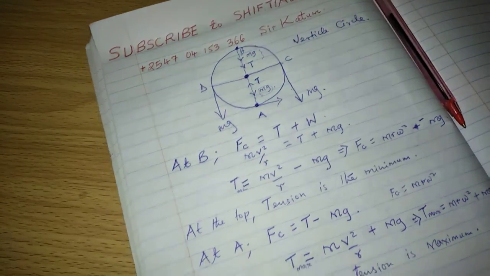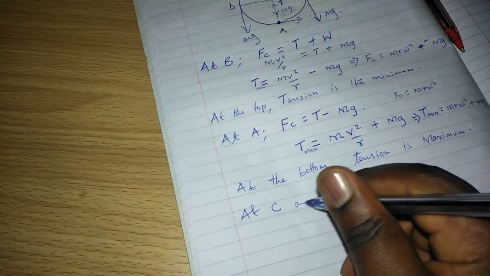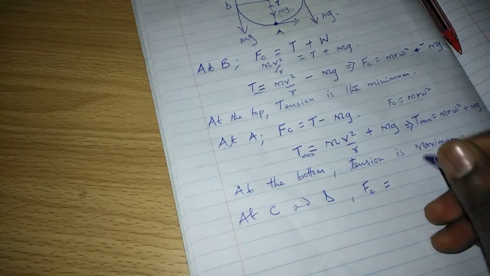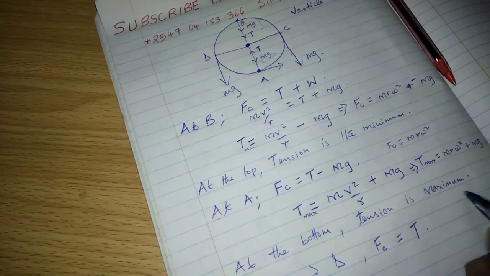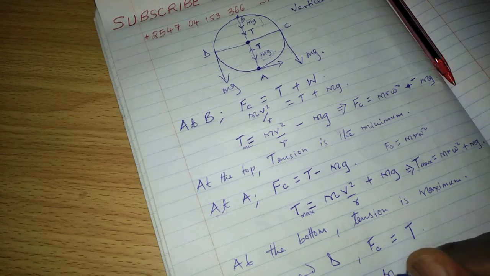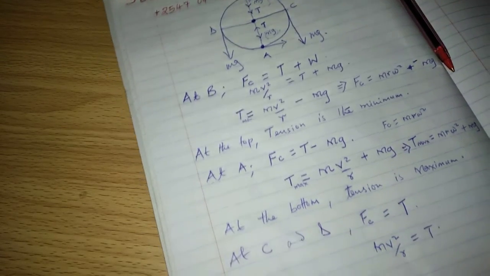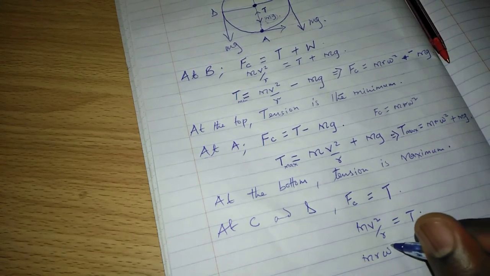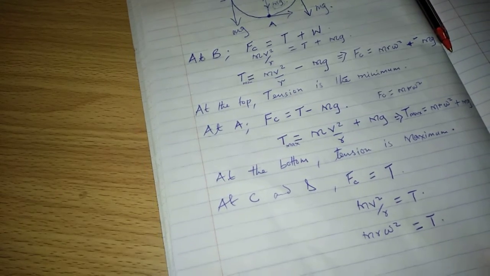And at that point we say that at C and D, centripetal force will just be equal to tension. Therefore, at points D and C in the vertical circle, centripetal force, which is mv squared out of r, gives us tension. Or simply, tension can also be given by mr omega squared, which is equal to T. So that is how we can get tension.